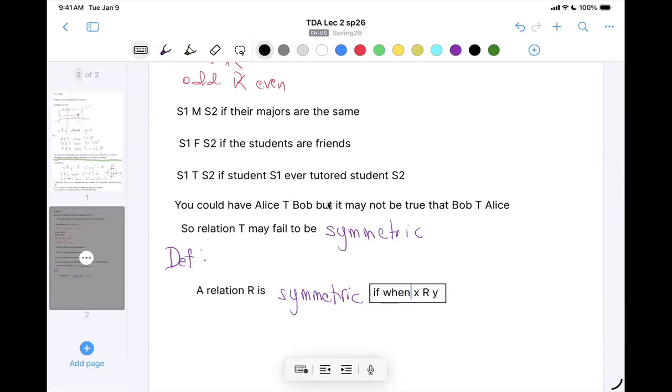I don't want to use too much mathematical logic notation, so I'm trying to avoid implications and all these weird symbols. A relation R is symmetric if whenever X is related to Y, we have that Y is related to X.